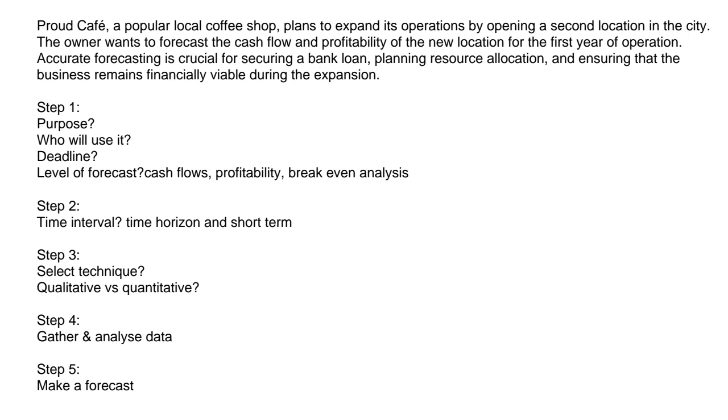From step 5, when you're physically making your forecast, that's when you need to include what your cafe sales are going to be per day. But if you are talking about cafe sales per day based on the previous location or the first location, yes, that you can use to gather and analyze data. But from the new perspective, you wouldn't be able to do it. You can use that in making your forecast, which is in your step 5, basically.